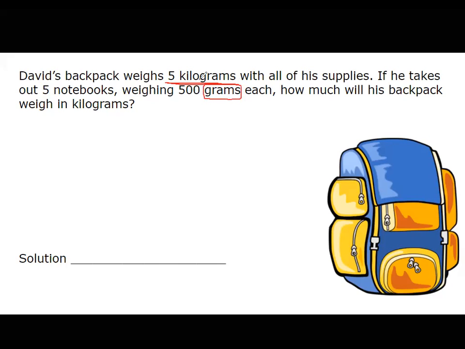That way I know that it's different, so I know that I have to do some type of conversion. So it's very important that you read your problem very carefully and convert any information that you need to convert. And like we said, if we're going from a larger unit to a smaller unit, we're going to multiply. If we go from a smaller unit to a larger unit, then we are going to divide. Happy converting!